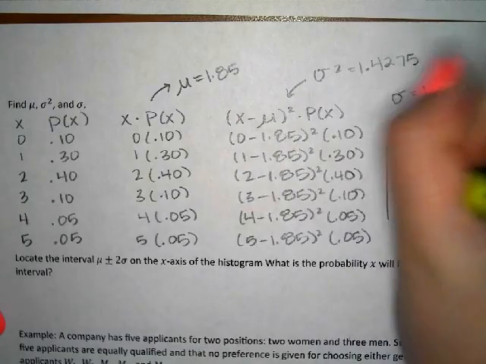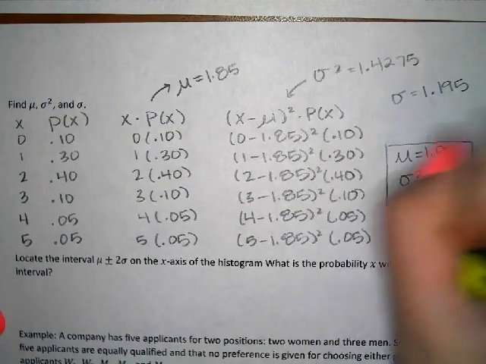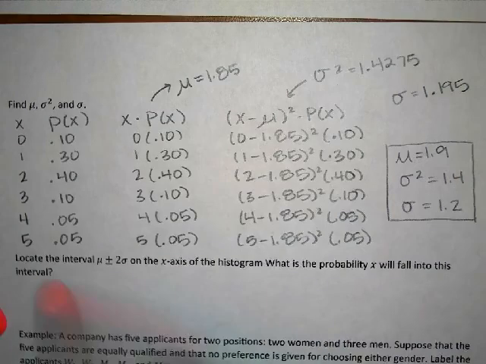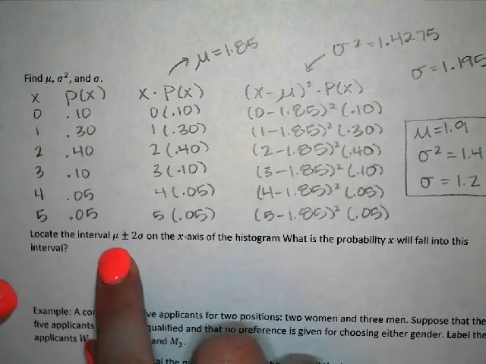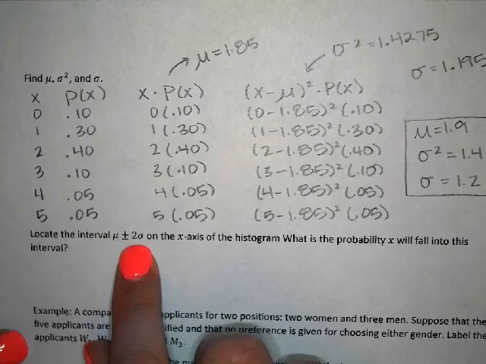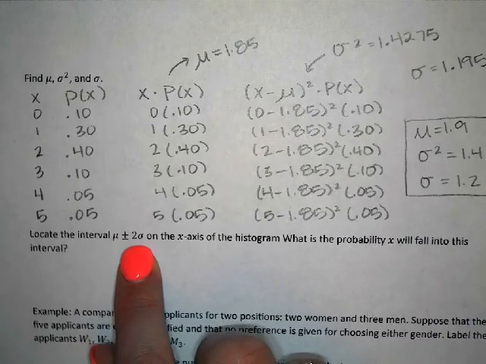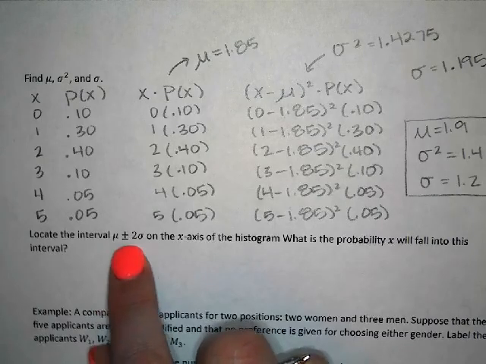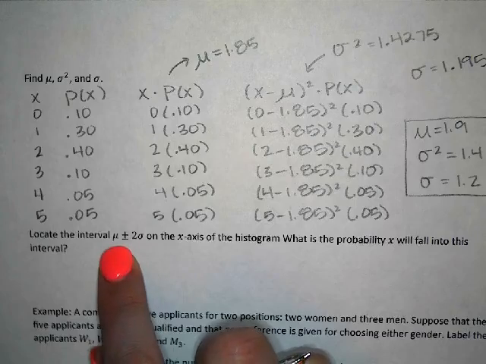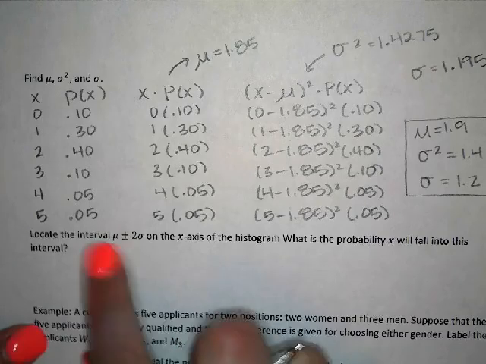Okay. Next it says locate the interval mu plus or minus 2 sigma, and we haven't seen it written with Greek letters, but we have seen this written with the letters, the variables that we use to represent the sample statistics. So there we said x bar plus or minus 2s, and this is where we're looking at the statistically typical, the usual values, the ones that are not outliers. So that's what we're going to be figuring out. We're just doing it for this case, which is why we're seeing the mu and the 2 sigma there.